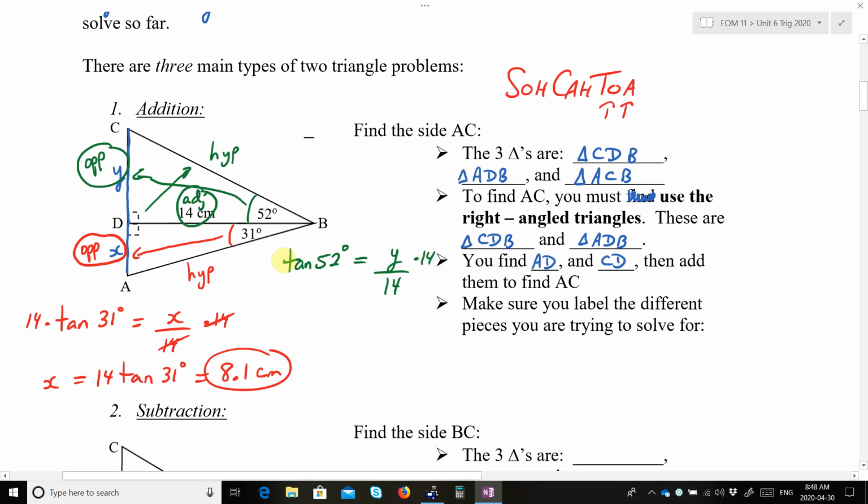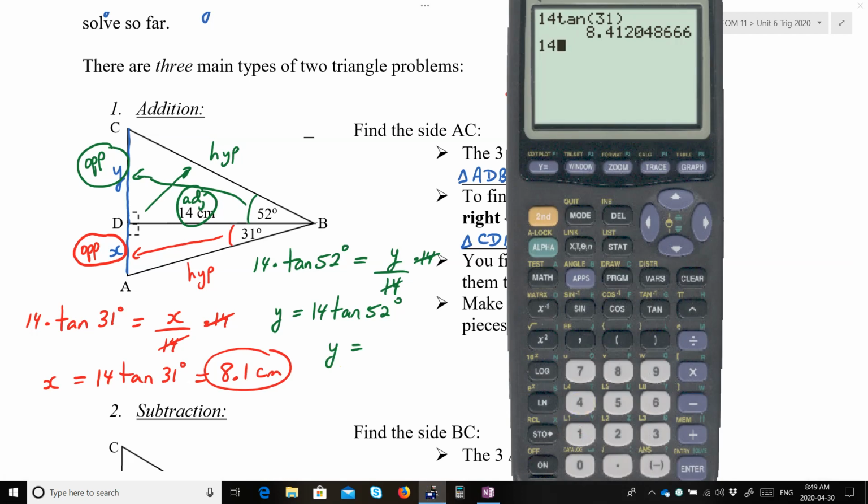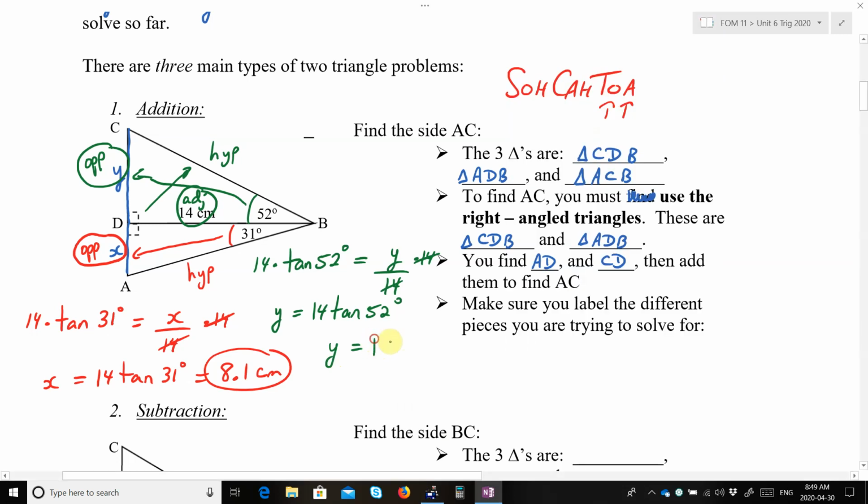And then multiply both sides by 14 to get y by itself. Okay, so y is 14 tan 52, which is 17.9 centimeters.